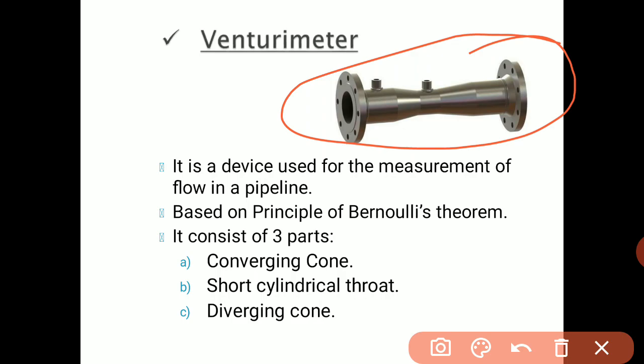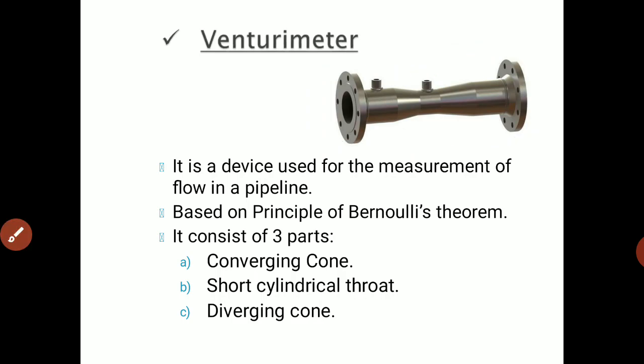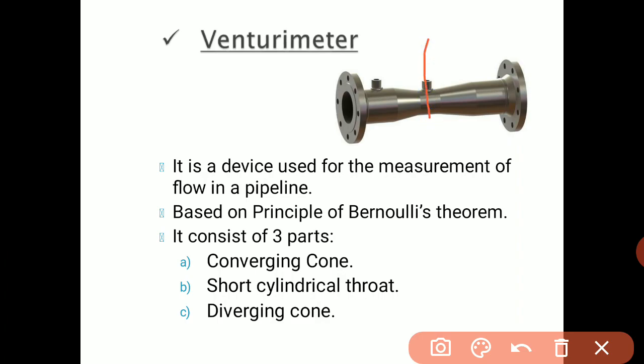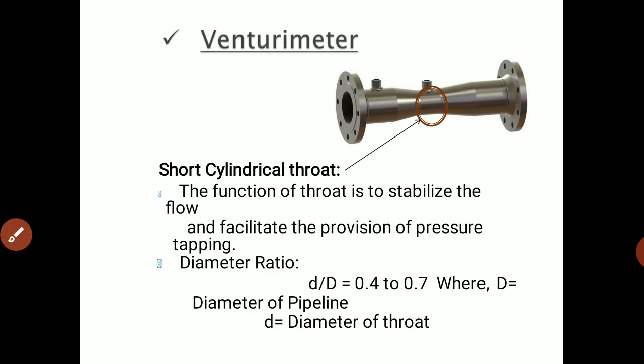It consists of three parts: a converging cone, a short cylindrical throat and a diverging cone. This is the converging cone, this is the cylindrical throat and this is the diverging cone. These are the parts of the venturimeter.